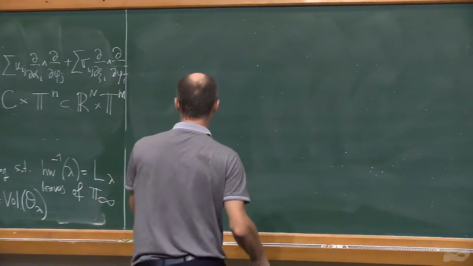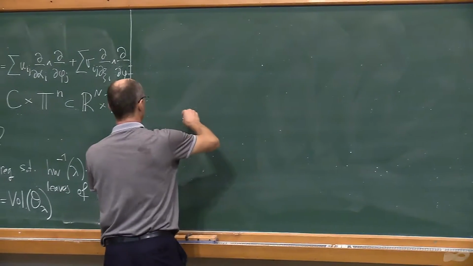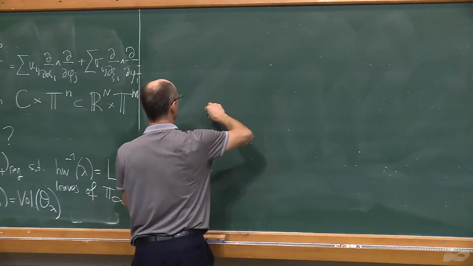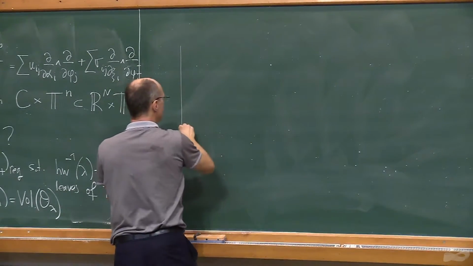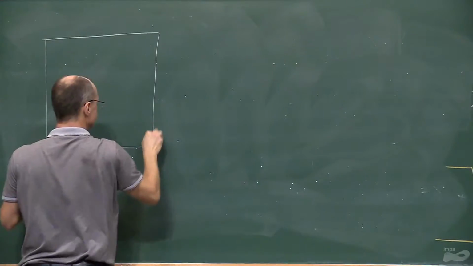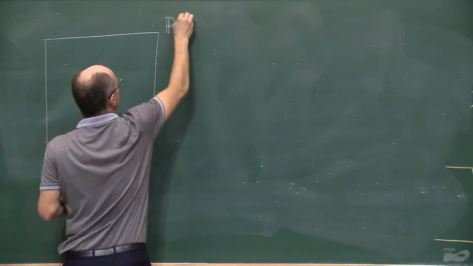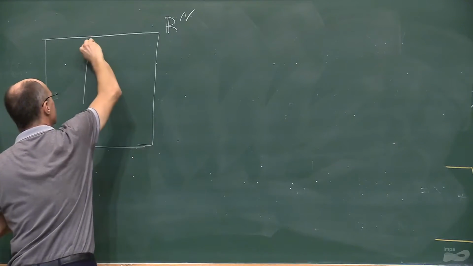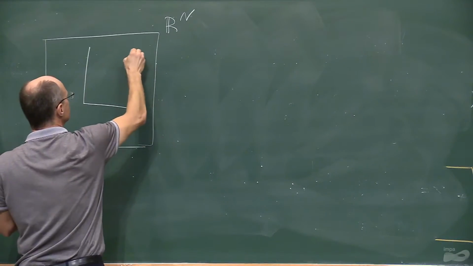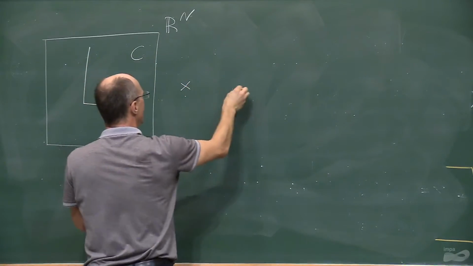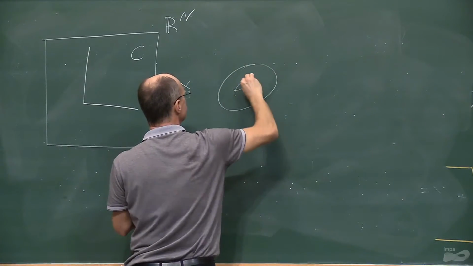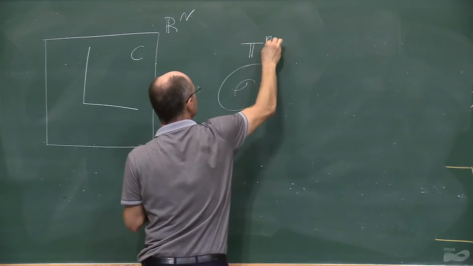But maybe now let me try to draw a picture of what's going on. So suppose this is our space R^n, and here is this cone C, and that's the torus T^n.